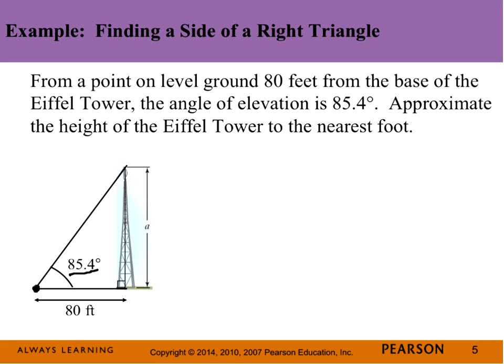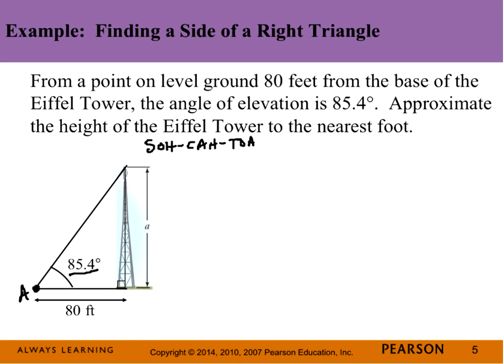Now, if I have this angle here, we'll just call it angle A since it's opposite side A there. And I start thinking about the trig function, so TOA. I want to use the trig function that will relate my opposite side and my adjacent side, because A is opposite angle A and the 80-foot side is adjacent to angle A. So it looks like tangent would be my best option.